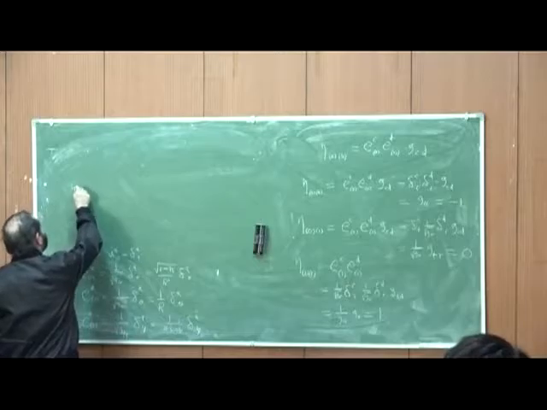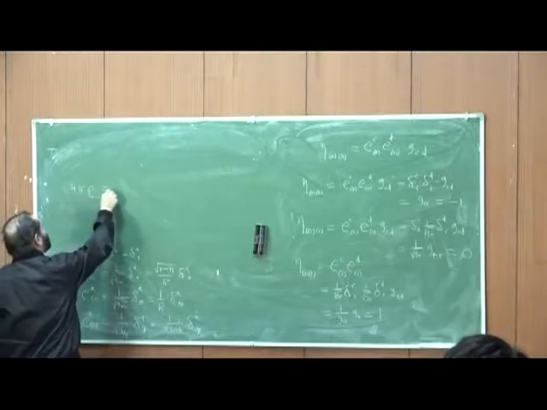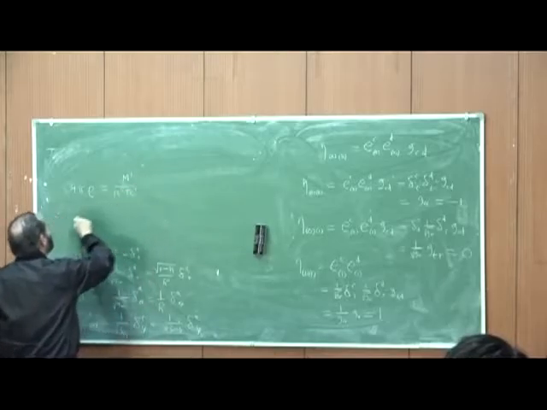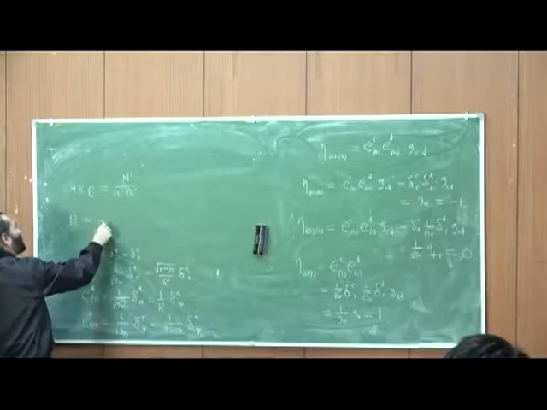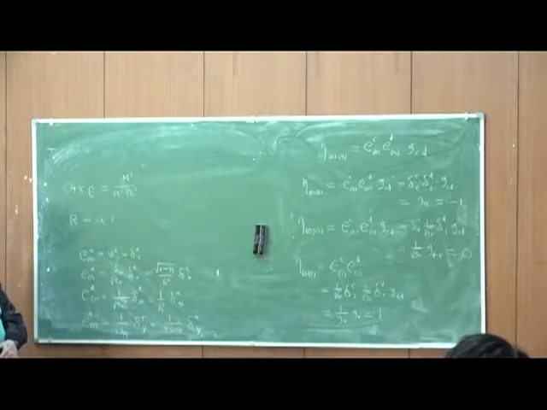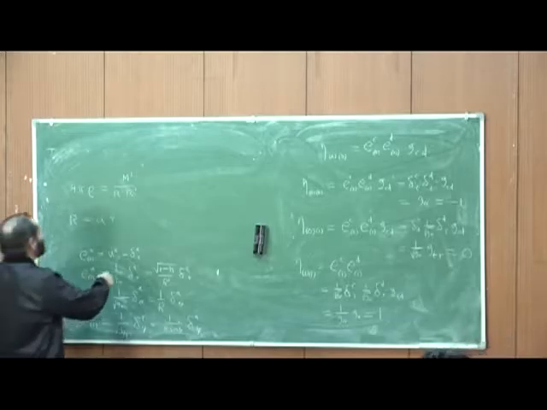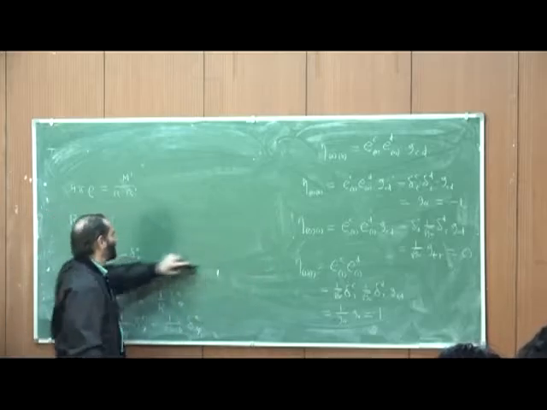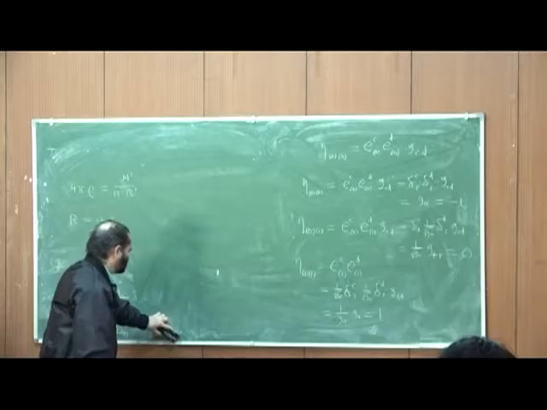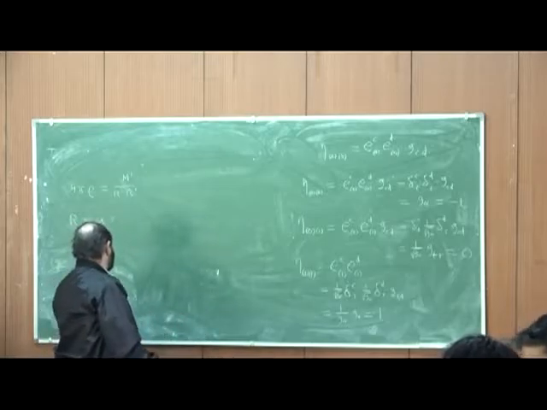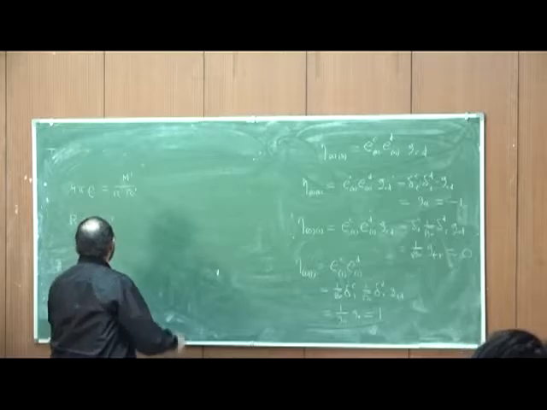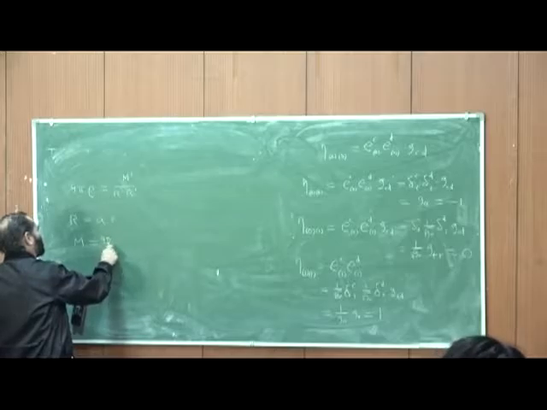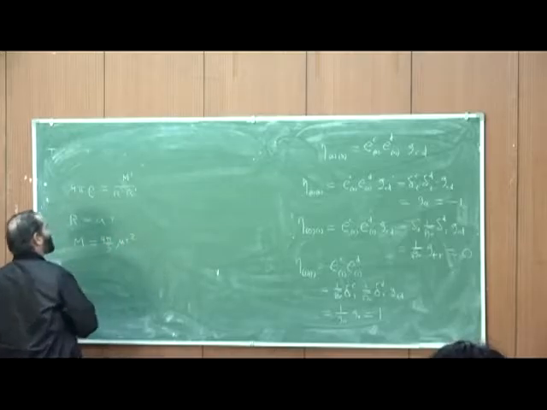We had something like this: 4 pi rho equals m prime over r squared r prime. But now r is a times small r, right? And we have also defined m is 4 pi by 3 mu r squared, right?